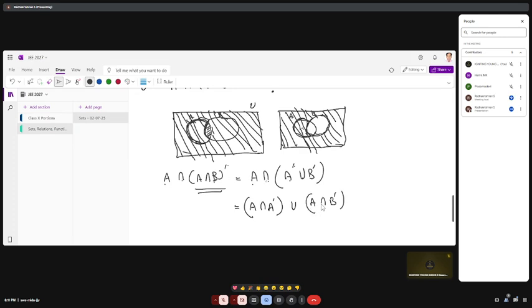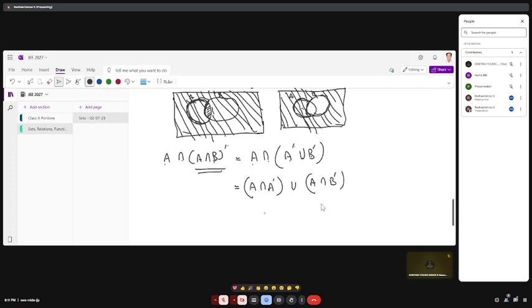When you want to take A union A complement union B complement, with intersection with A, you can split it in two terms like this. This A and A you take, and this A intersection B complement you take, and you take the union of these two.